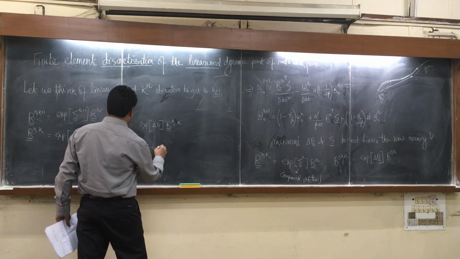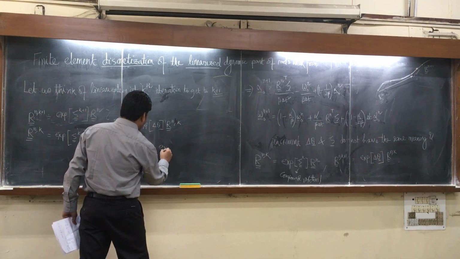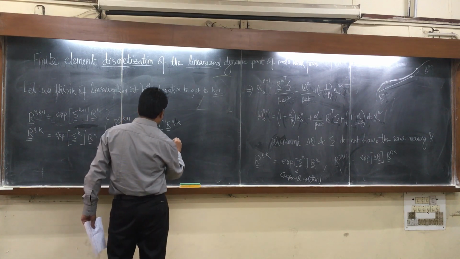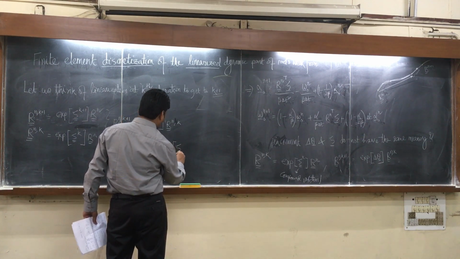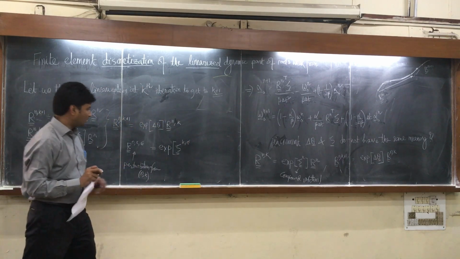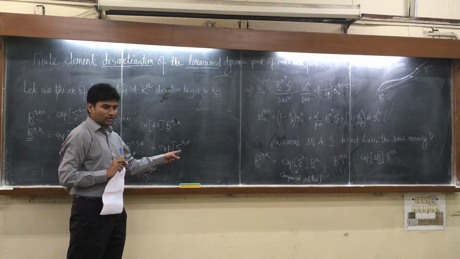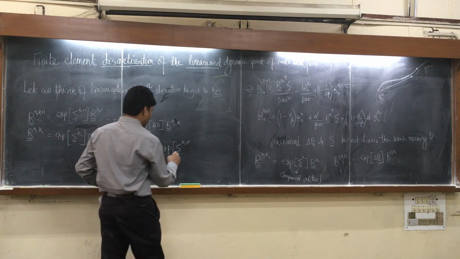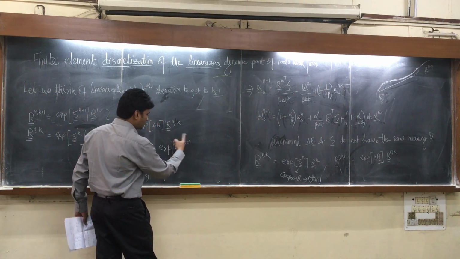Anyways, this would then be, how will I do this? This is exponential of zeta of k comma epsilon. See, that's what it is. That's a perturbed zeta.